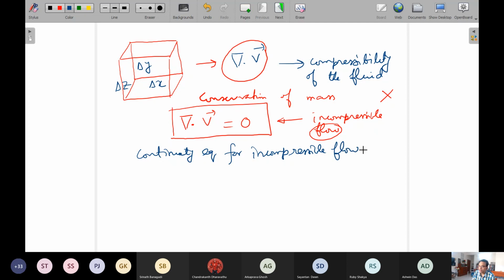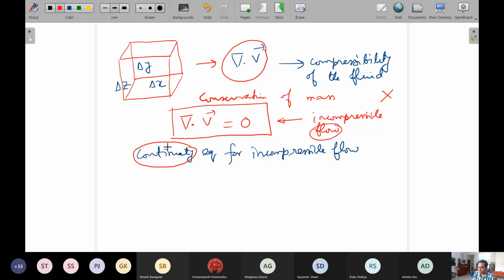So how was the continuity equation for incompressible flow derived? Continuity is related to conservation of mass. So this entire derivation in any classical text of fluid mechanics will start with conservation of mass.